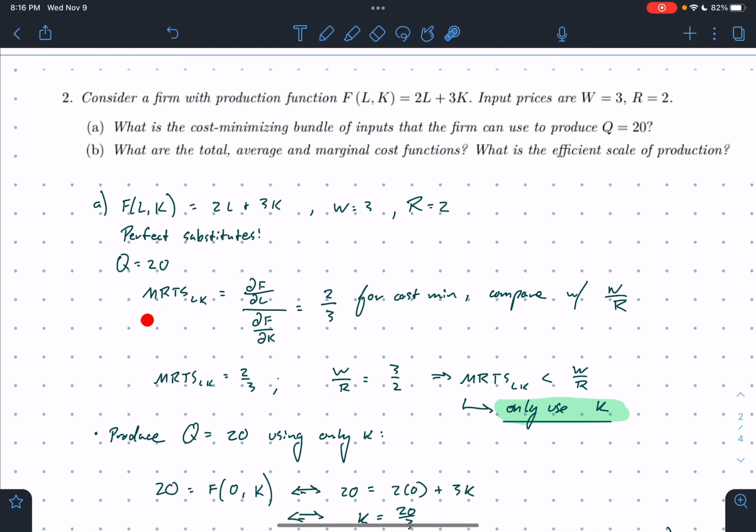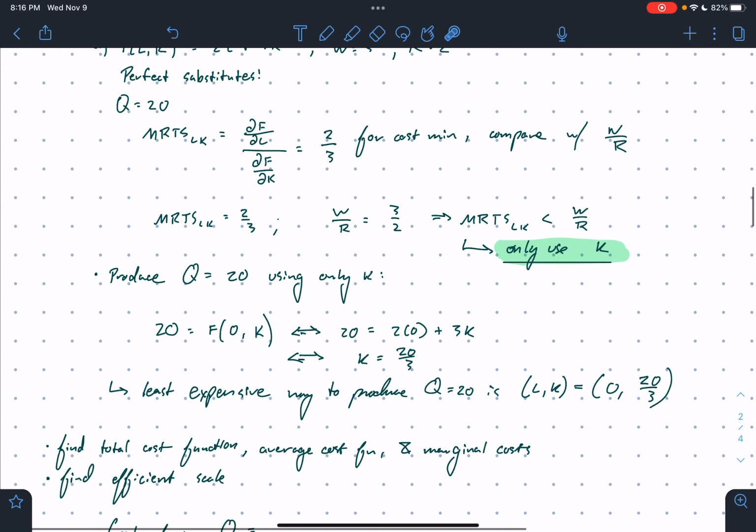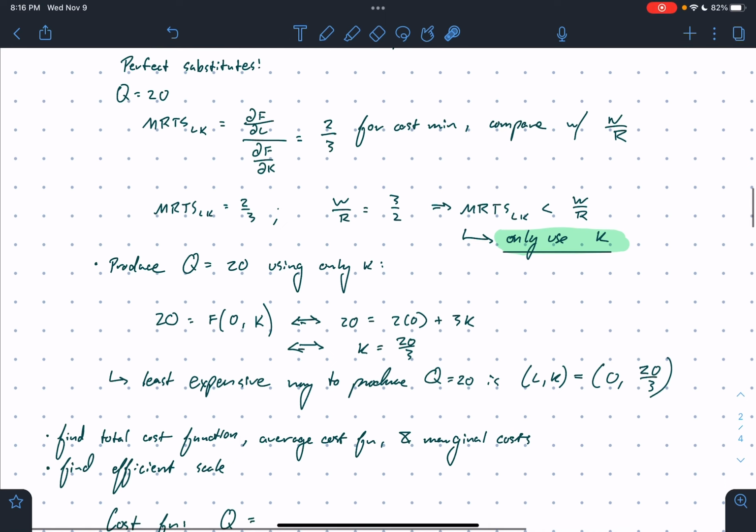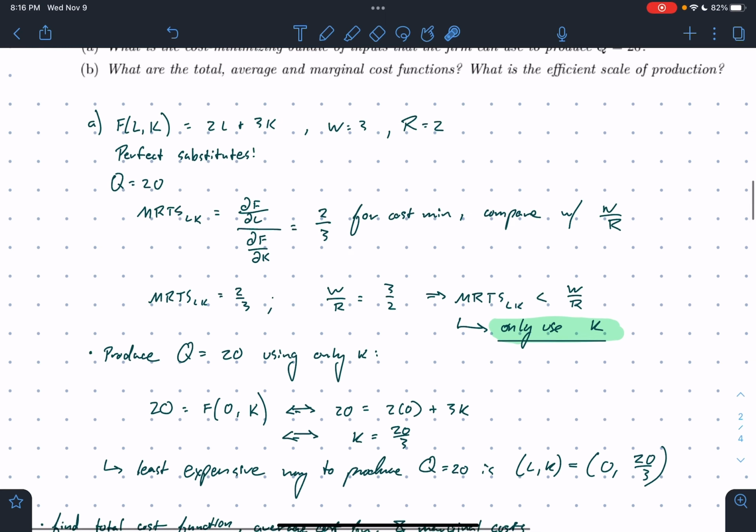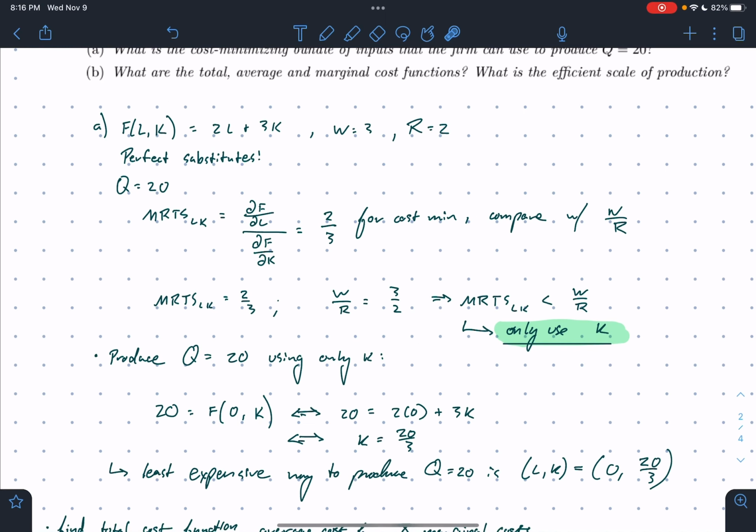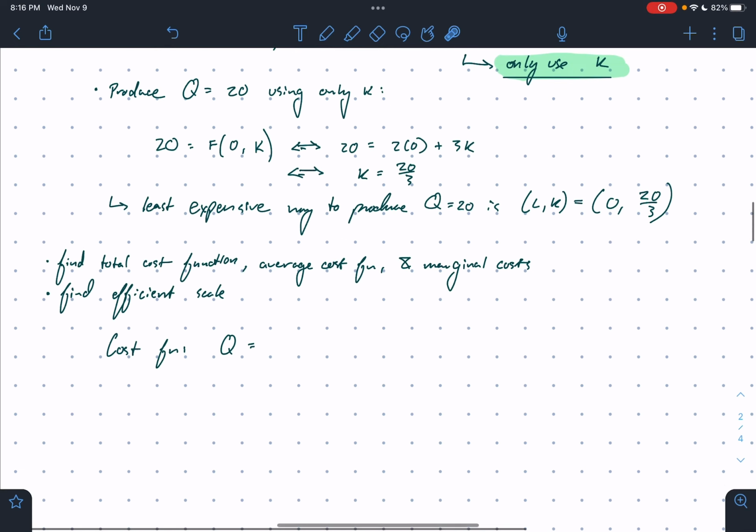And the MRTS doesn't change, right? The MRTS is just 2/3 always. So we're always going to only use K here. That's the property of perfect substitutes. Since these prices are fixed, it was optimal for us to only use K.